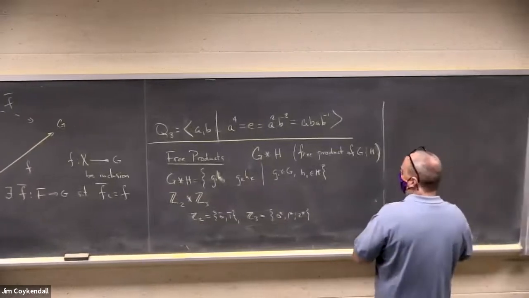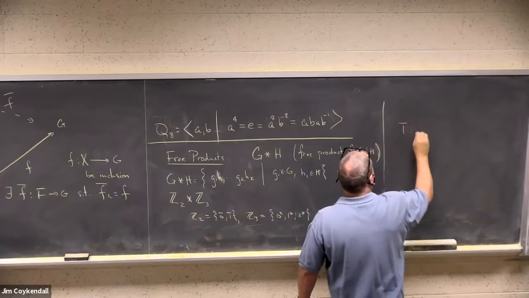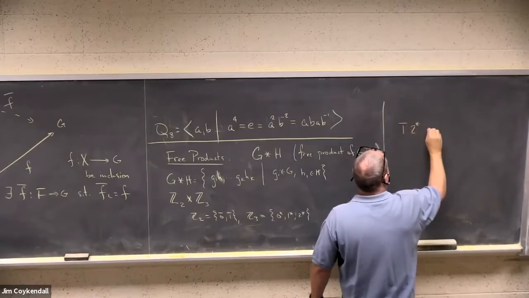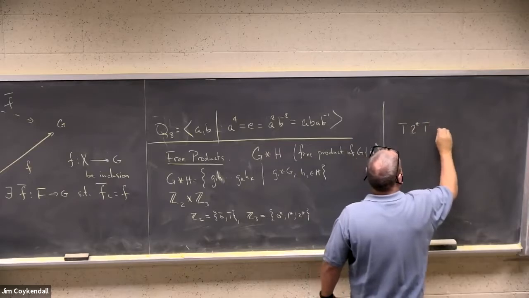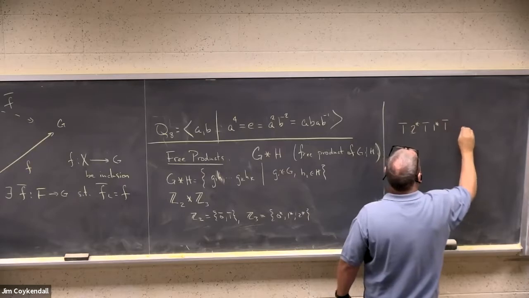An element of the free product might look like 1 bar, 2 star, 1 bar, 1 star, 1 bar.